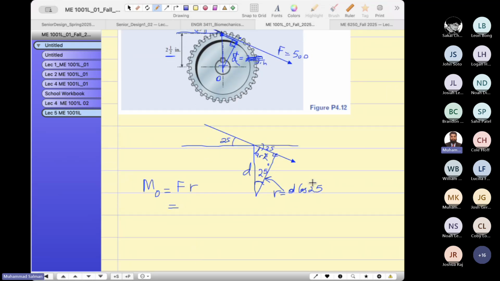And what is the force? Force is 500 pounds. So can I write down 500 pounds times D? Can you solve this for me? What do you guys get?